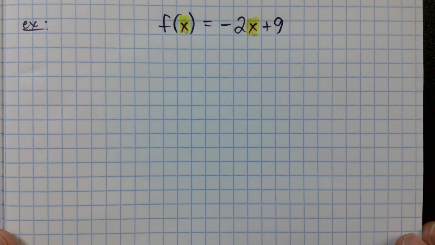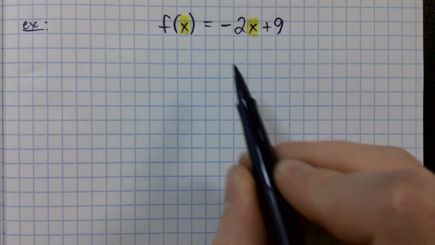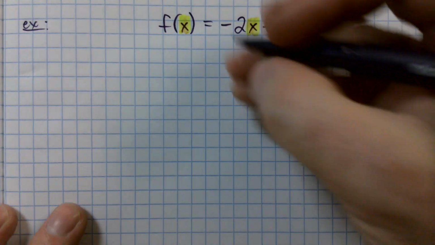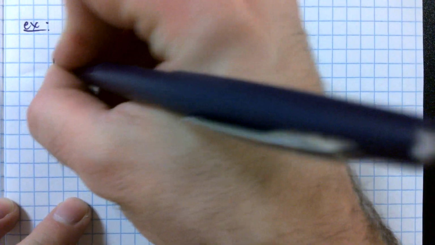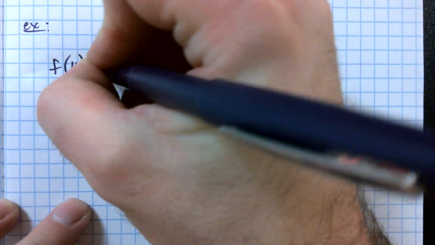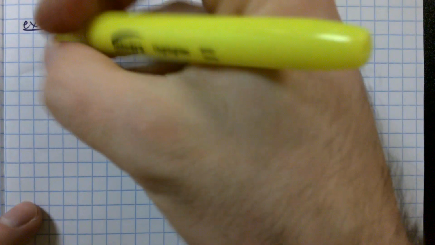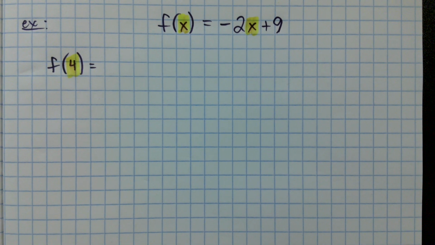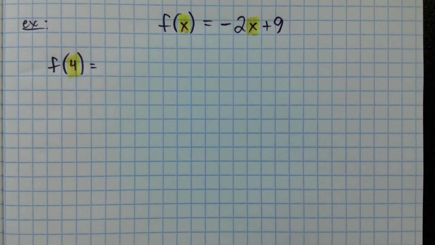If I have the function negative 2x plus 9, and I wanted to evaluate this function at f of 4, go ahead and highlight the number 4. It's exactly the same thing as just plugging 4 in for x and solving.